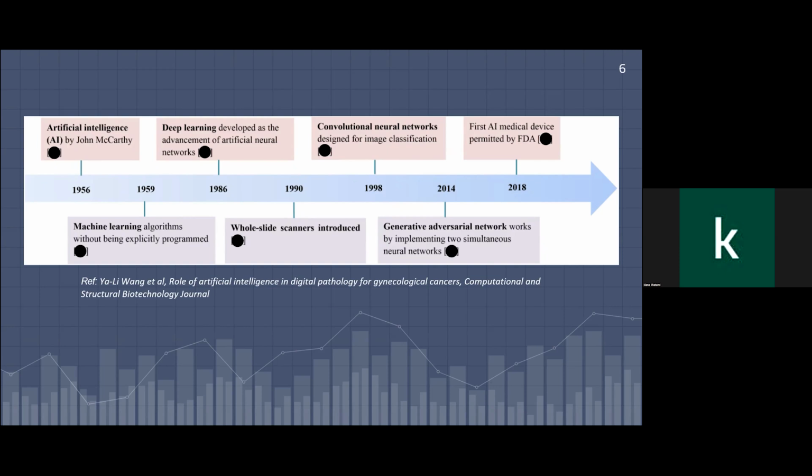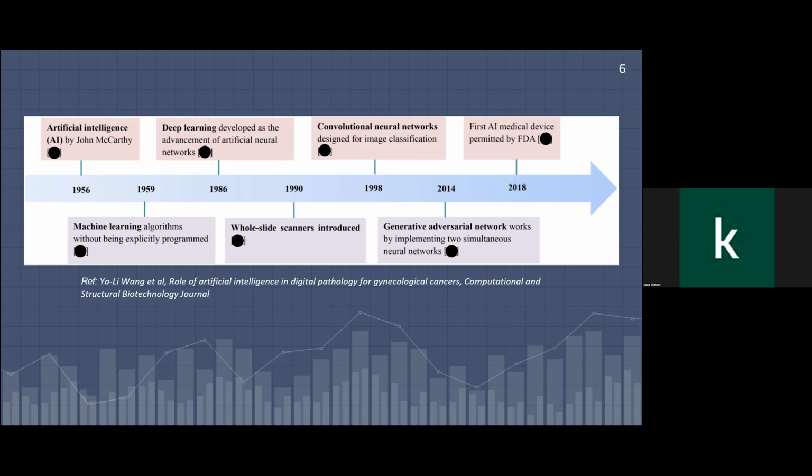And then we have the design of CNNs using the deep learning algorithms for the image analysis. So after having digitalized samples, then we can run some algorithms based on AI on these images. And in 1998, it was the first time that they were running these things.